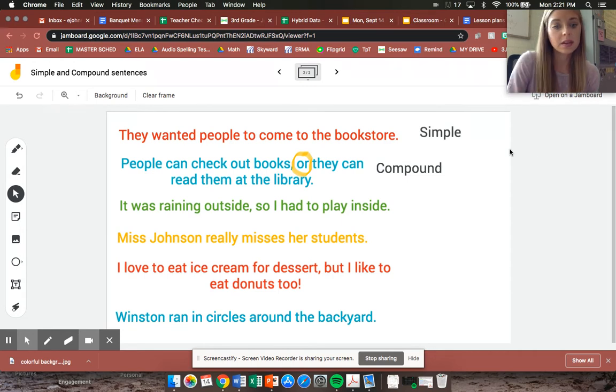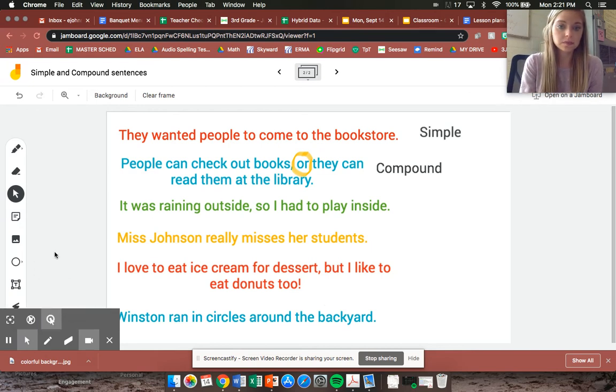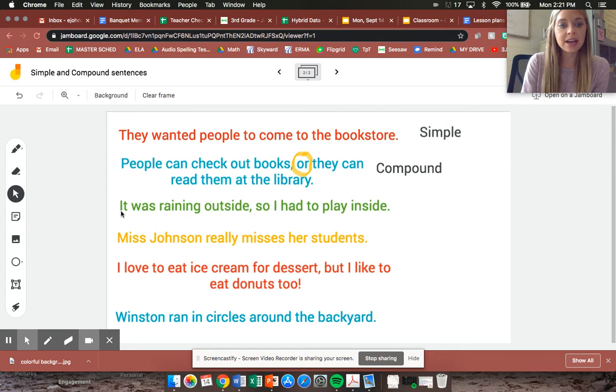Perfect. Number 3, it was raining outside, so I had to play inside. Do you think this is a simple sentence, meaning that it's just telling you one thing? Or is it a compound sentence that's telling us two different thoughts? Well, does it have the words and, or, but, or so in here?